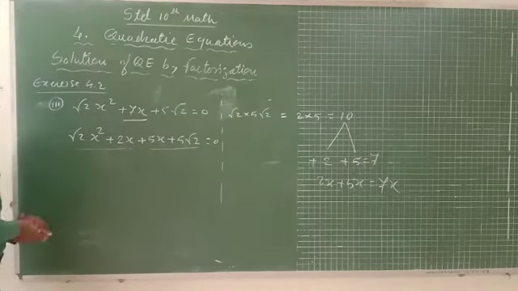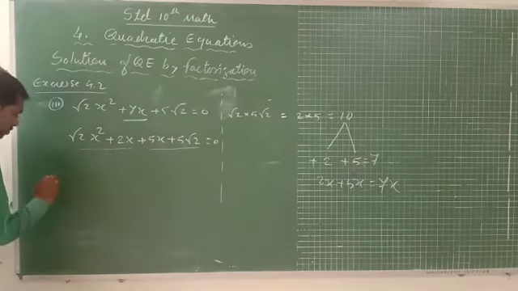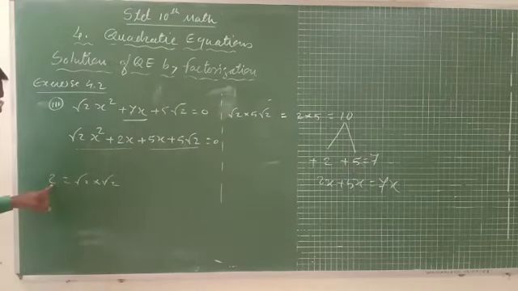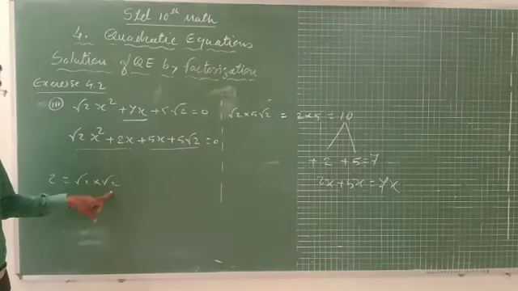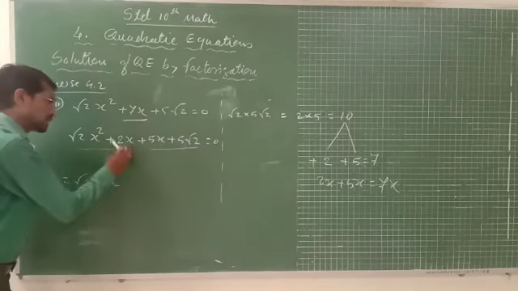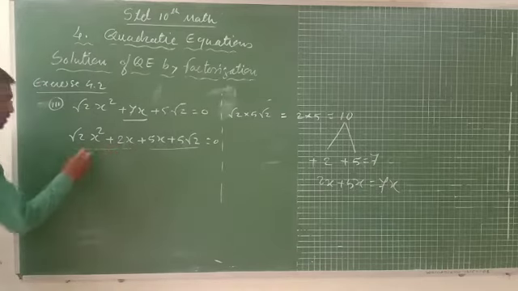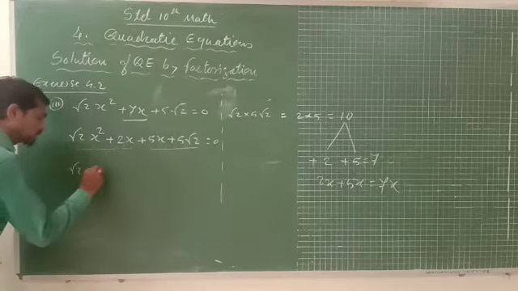What is common here? 2. This 2 is nothing but root 2 into root 2, right? So in this 2, we can write root 2 into root 2. So root 2 is common. So remaining is root 2. So like this one. What is common here? Root 2 x is common.